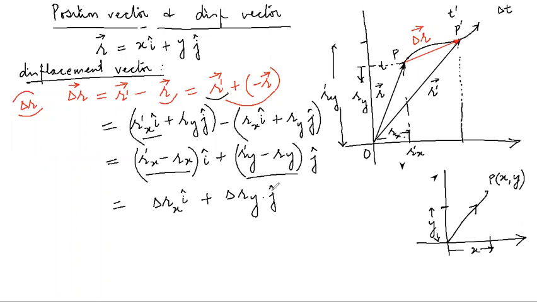Now, guys, you want to understand how. Basically, r dash is this vector. Do you know this is basically r dash x minus rx? How? This complete distance minus this distance is this distance. This is r dash x minus rx. Hence, I say this is delta rx.